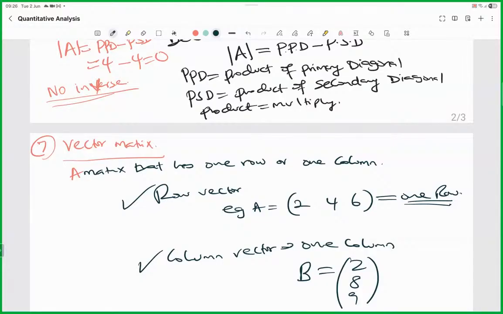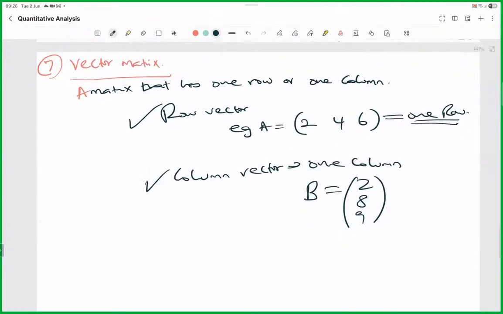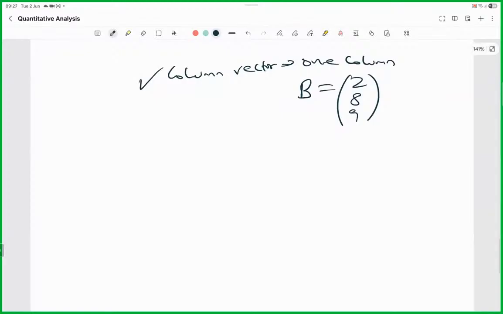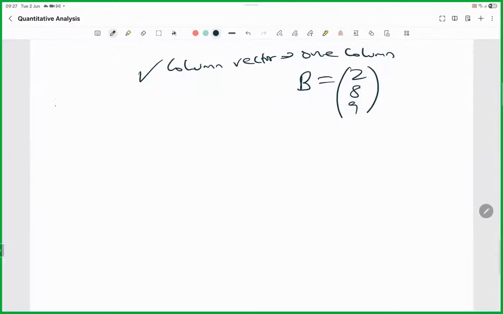Now, I would want to go to the algebra. There are so many types of matrices. I've seen this from your past papers, where your examiner tells you something to do with a null matrix.